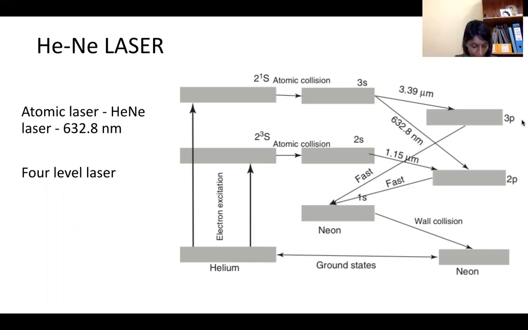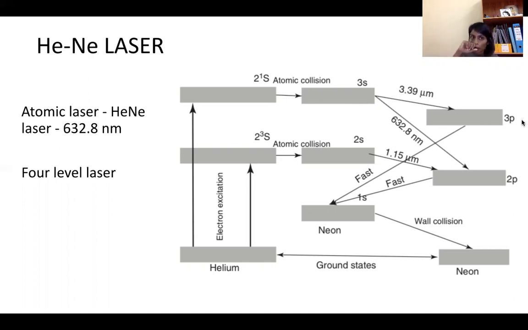What really happens here? Right, so if I talk briefly about the helium neon laser history, in 1961 Ali Javan and his associates reported this continuous wave helium neon gas laser at around the IR region, 1.15 micrometers.